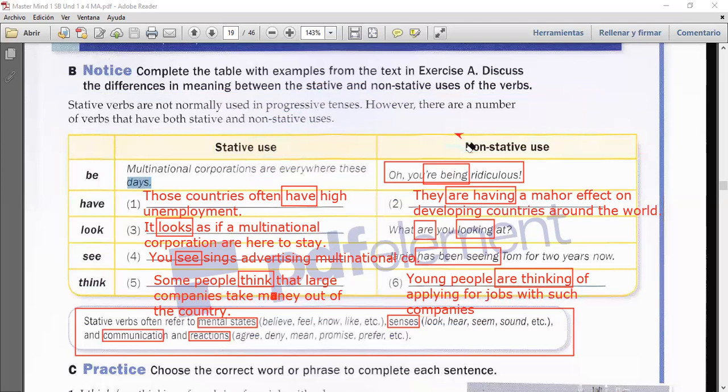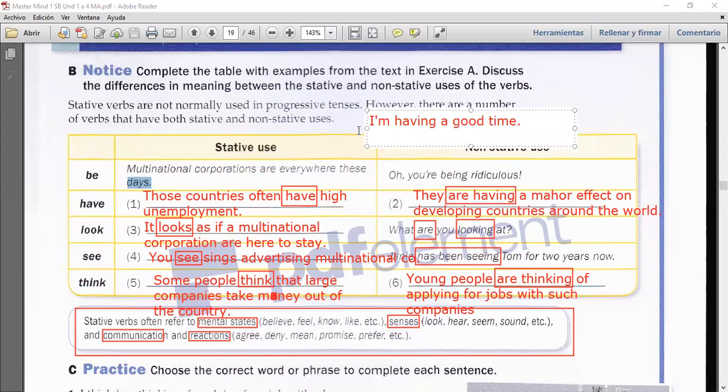For example, I'm having a good time. Not I have a good time. I'm having a good time because in this moment you're enjoying what is happening.